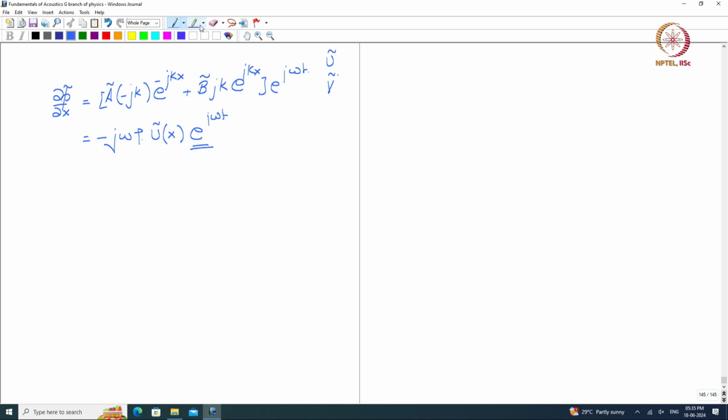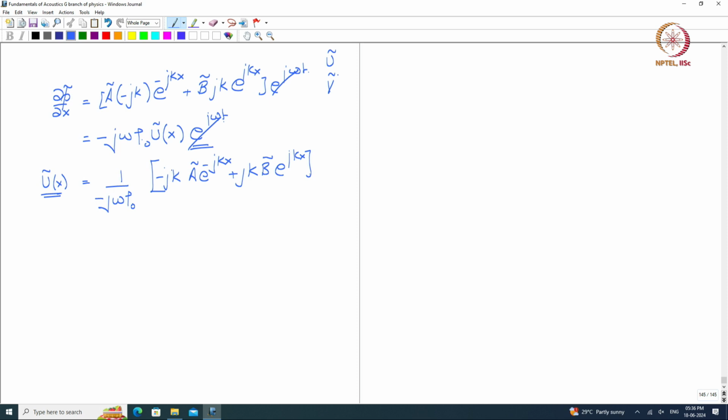Okay. So if I take out this, the u tilde of x, that means without the harmonic part, is going to be equal to 1 by minus j omega rho, let us say rho 0, times minus jk a tilde e to the power of minus jkx plus jk b tilde e to the power of jkx.